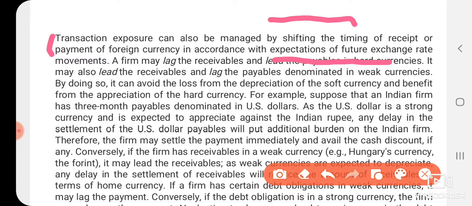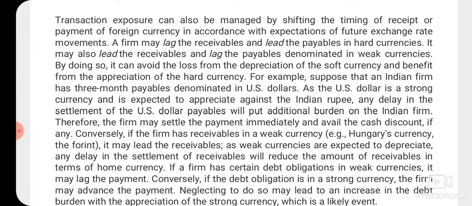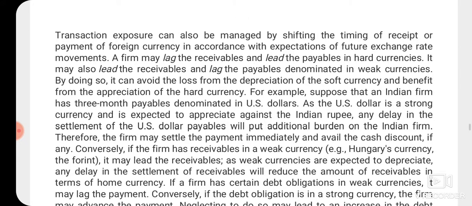Here, the firm manages exposure by shifting the timing of receipt or payment of foreign currency in accordance with expectations of future exchange rate movements. A firm may lag the receivables and lead the payables in hard currencies.